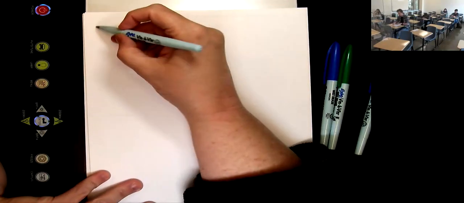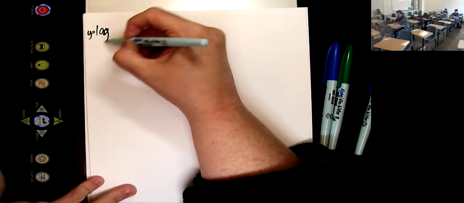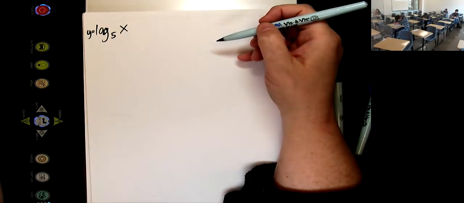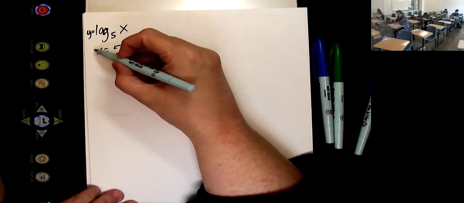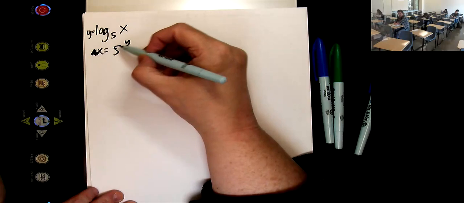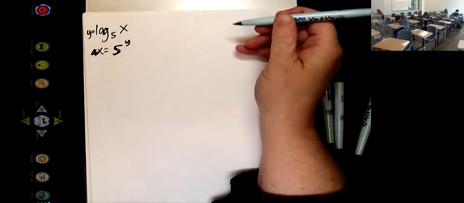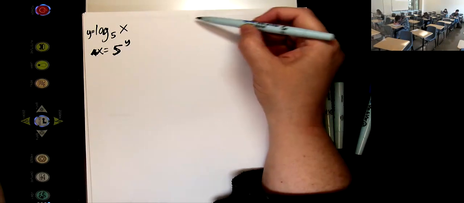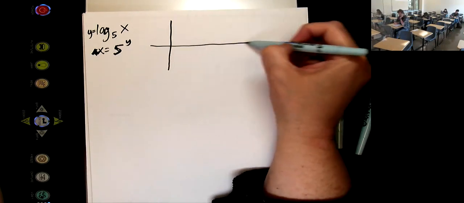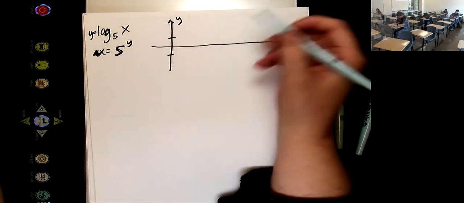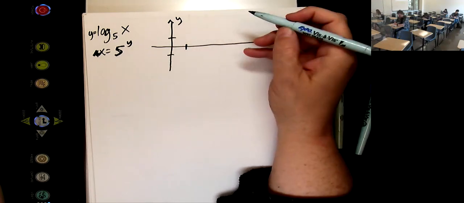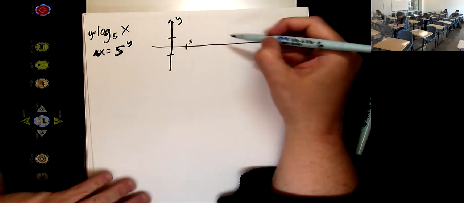So we look at graphing specific ones. Like if I have y equals log base 5 of x, this is the same thing as x equals 5 to the y. I'm going to say that's 5 right there.